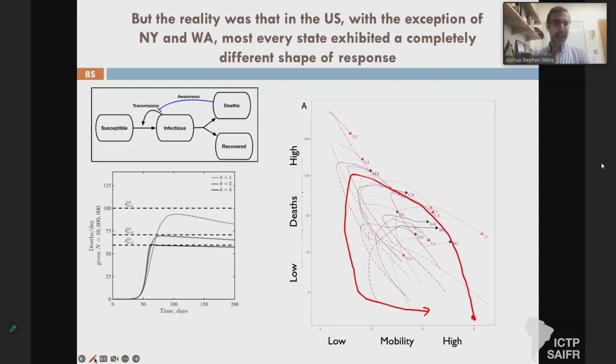I want to highlight that there was one state in America that seemed to do that, Washington. It went to the left, deaths started to go down, there was some increase, it did this counterclockwise move. New York went back in on itself, and some of our models say it should kind of go back in on itself. But almost every other state had the opposite signature, where mobility was going down as deaths were going up, but even as deaths were going up, mobility was increasing.